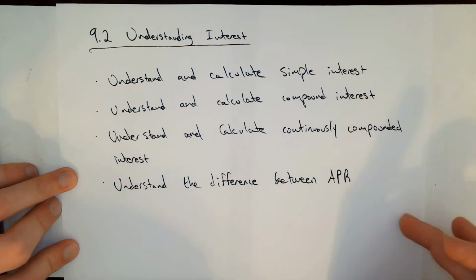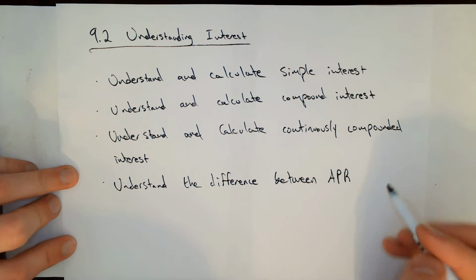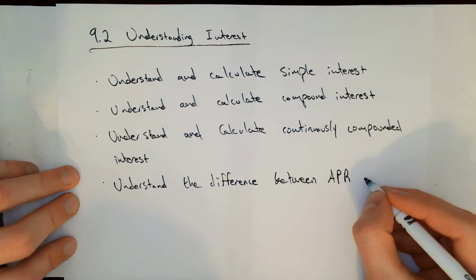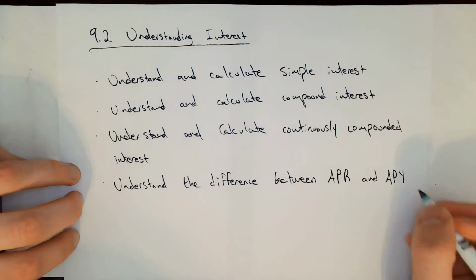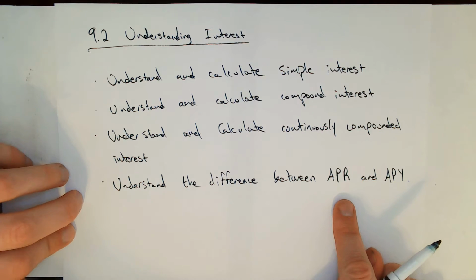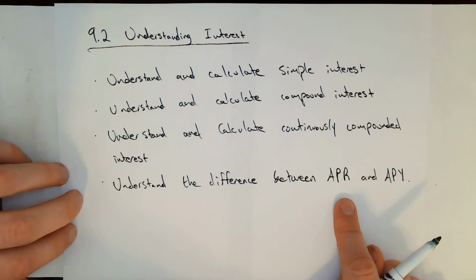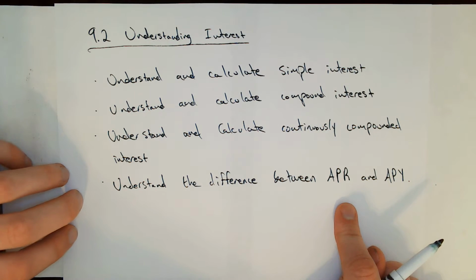Now I'm going to officially write down and define these terms, but I'm going to use their abbreviations here. Annual percentage rate and annual percentage yield, which you may have seen before if you've seen commercials that describe loans or car commercials.